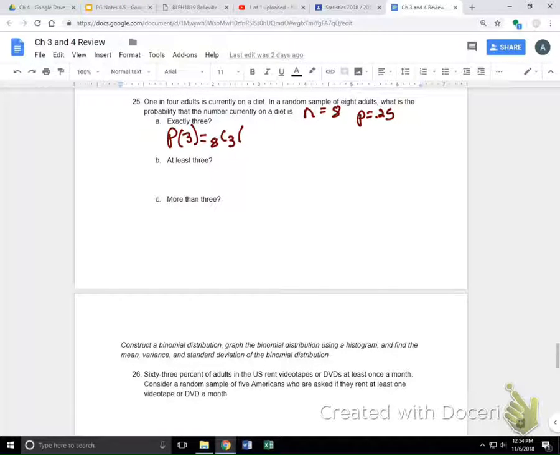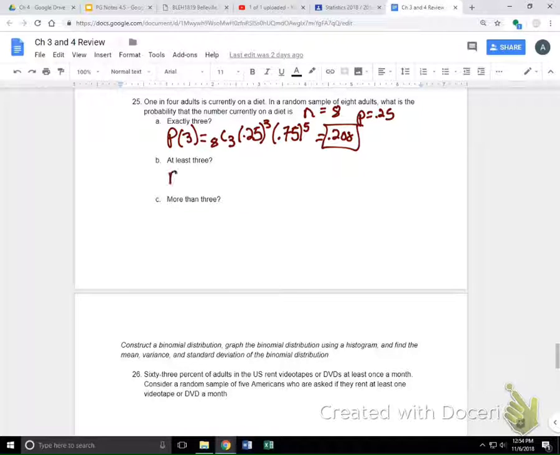This is just using that binomial formula, chance of success to how many successes we want, and then chance of failure. And then remember, 8 minus the successes is what's going to be a failure. That's 0.208.